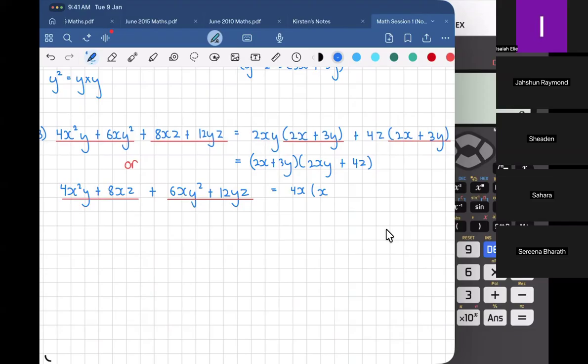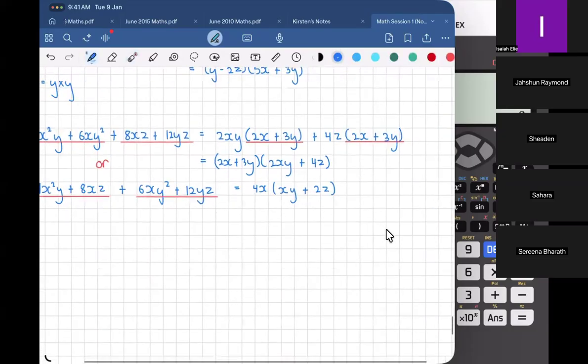What next? y, plus 2z. Great. Did she break the laws of maths here, guys? No, sir. Because if I expand this out, 4x by xy is 4x squared y. That checks out. 4x by 2z is 8xz. That checks out. So far, you're doing good.